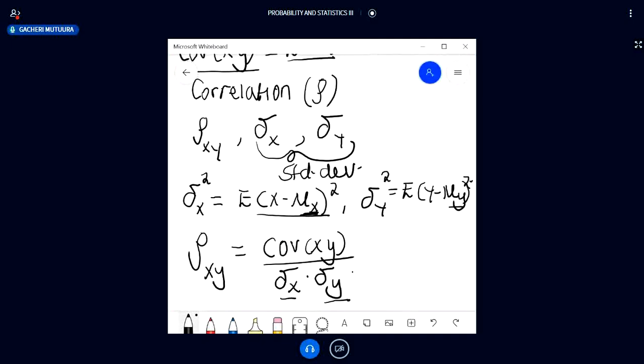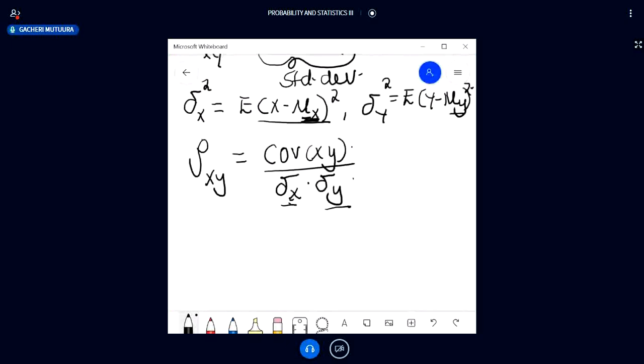Note that all these values, the covariance, the variance, the expected values mu x and mu y, are constants. So you will not be dealing with any variable at any point when computing these measures. The covariance is a constant, the variance is a constant, the expected value is a constant. So the correlation coefficient is defined by that.